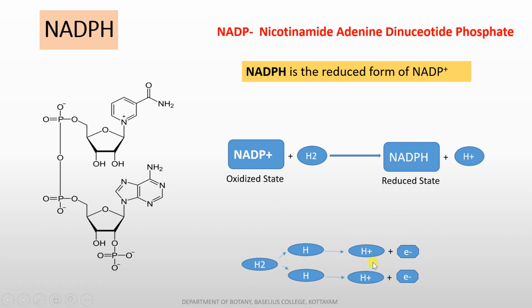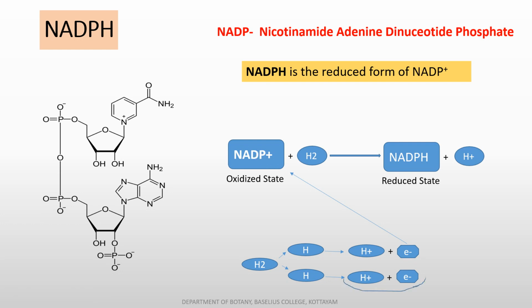Out of these 2 H plus and 2 electrons, what happens next? One electron first goes to NADP plus to neutralize this positive sign. When this electron goes to NADP plus and neutralizes this positive charge, it becomes NADP, neutral.